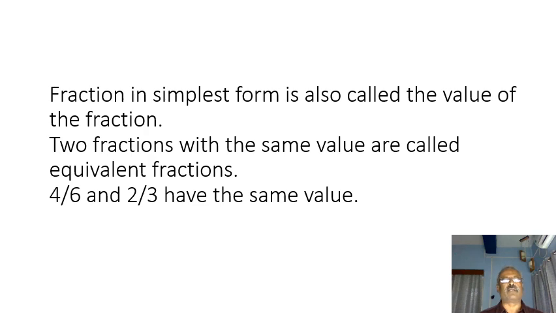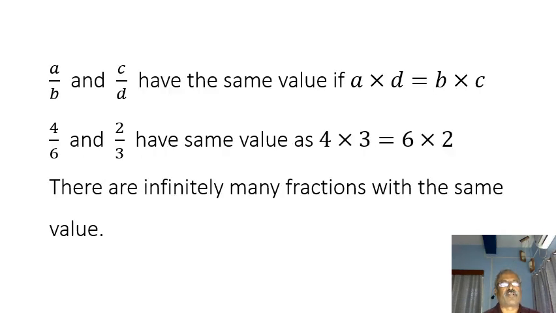Sometimes we can read it this way also. 4 by 6 and 2 by 3 have the same value. Two fractions, a over b and c over d, have the same value if a times d equals b times c. 4 over 6 and 2 over 3 have the same value as 4 times 3 equals 6 times 2.